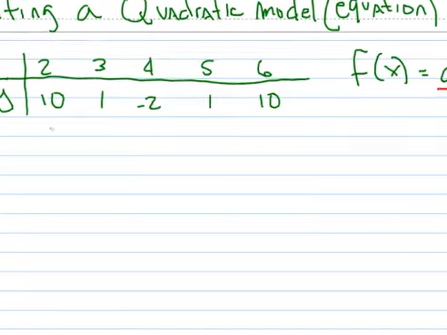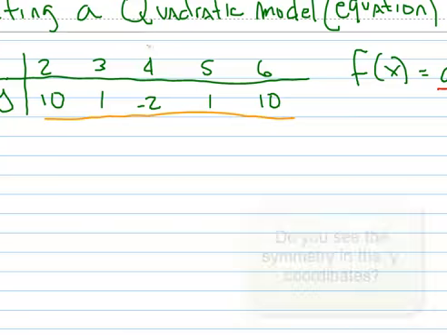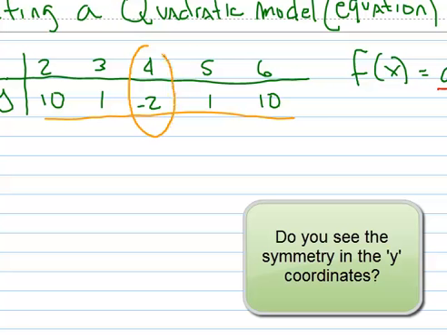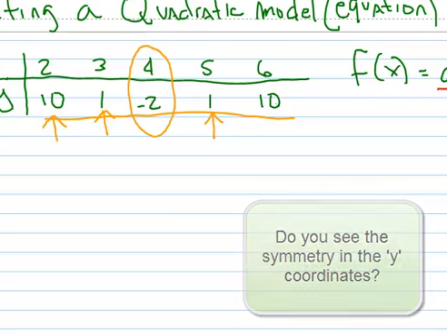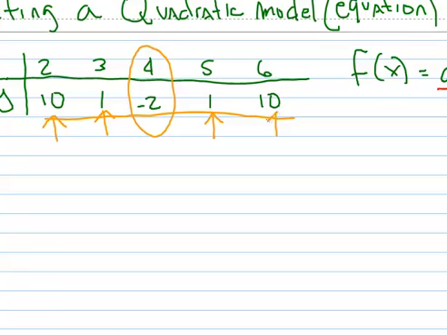Okay, so when I look at the data set here, I can see the vertex. I can see that this coordinate is the vertex, and how can I see that? Well, I'm noticing that this y-coordinate 1 has a matching y-coordinate over here that's 1. And this y-coordinate 10 has a matching y-coordinate over here that's 10.